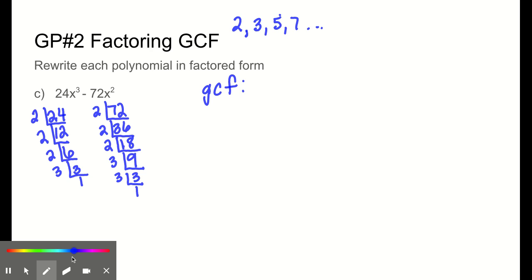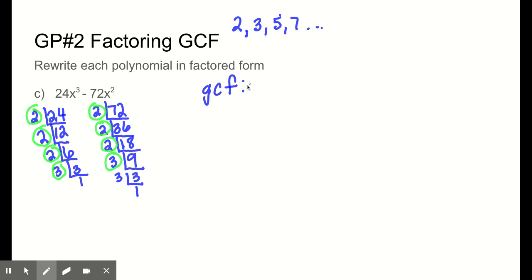Then we want to check to see which numbers they have in common. So we have a 2 in common. We have another 2 in common. We have another 2 in common. And then we also have a 3 in common.